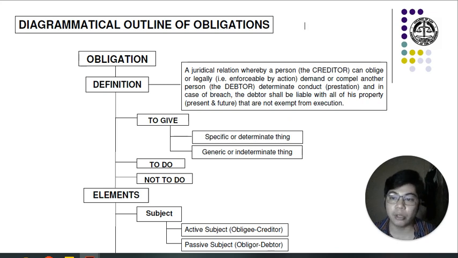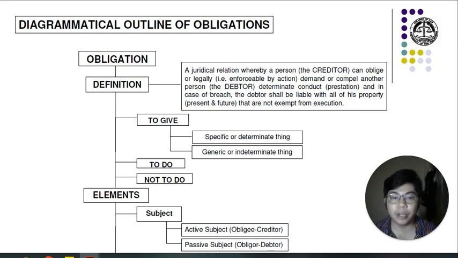the one who borrowed. So, sir, why is it that the creditor becomes the active subject? What is the act upon it? Basically, he is the one who demands the payment. He is the one who acts upon the contract, let's say in a contract of debt, right? The money was delivered and all.